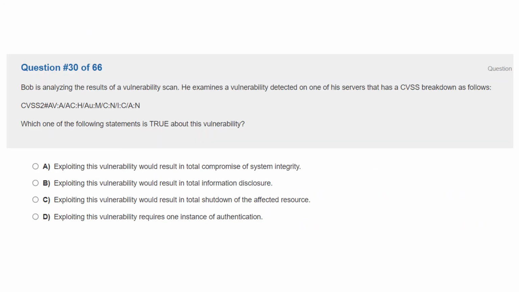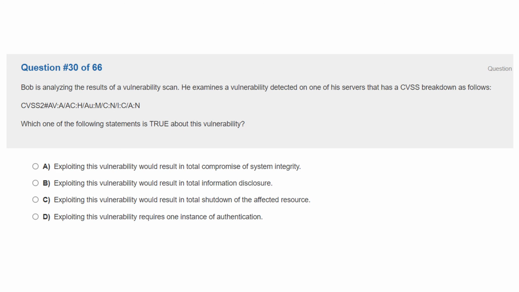Question 30. Bob is analyzing the results of a vulnerability scan. He examines a vulnerability detected on one of his servers that has a CVSS breakdown as follows. So again, we have the attack vector, A, which means adjacent network, the access complexity, H, which means high, the authentication, M, which means multiple mechanisms are needed to authenticate.